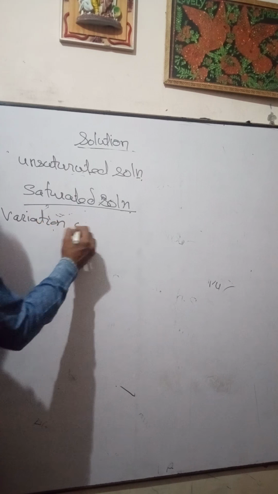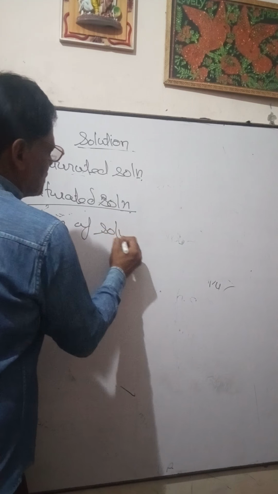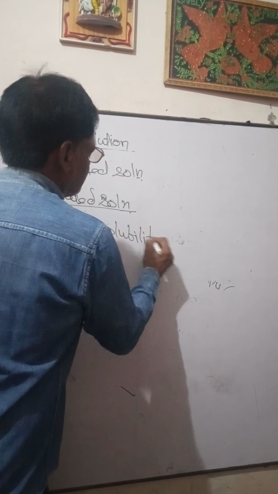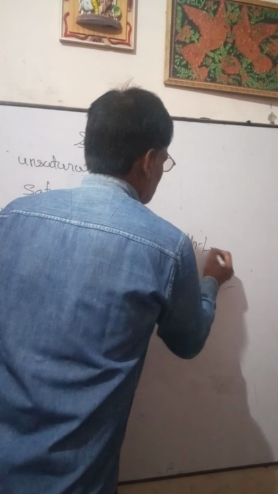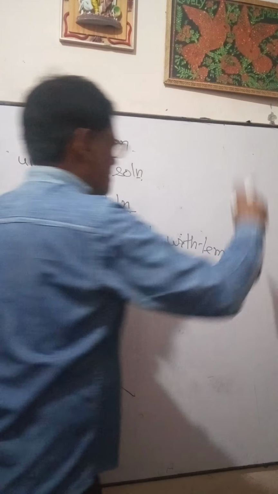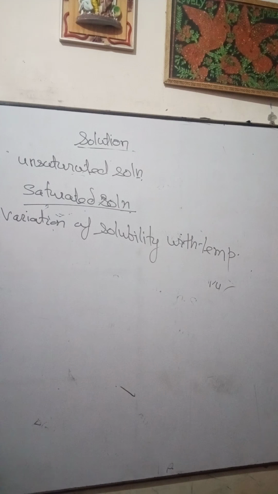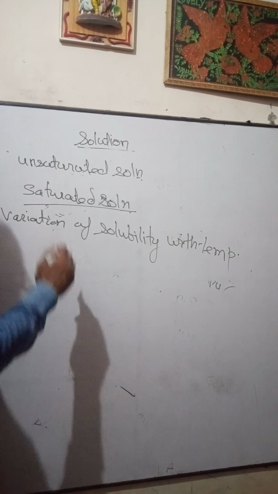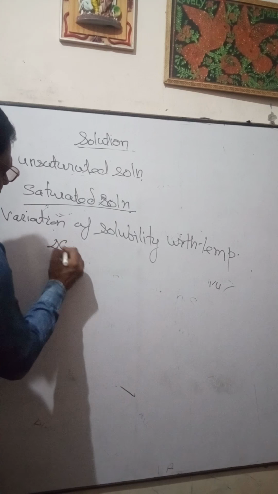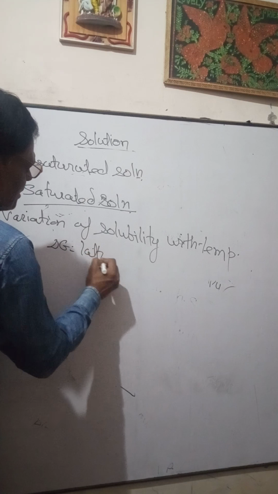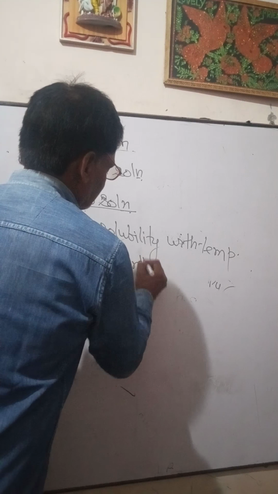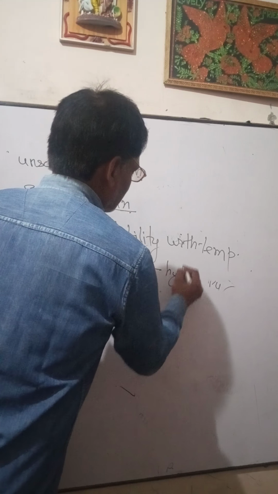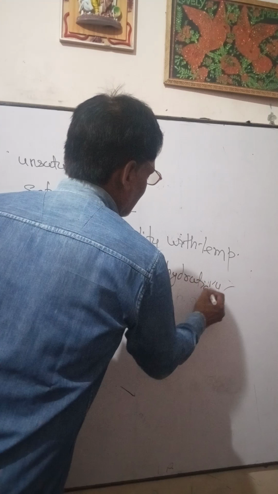Now we will try to understand the variation of solubility with temperature. Normally, when temperature is increased, solubility normally increases. What happens in this case? You know that delta G is lattice enthalpy minus hydration enthalpy.